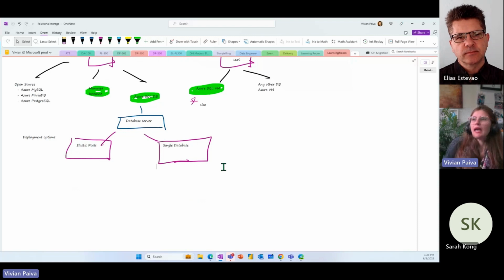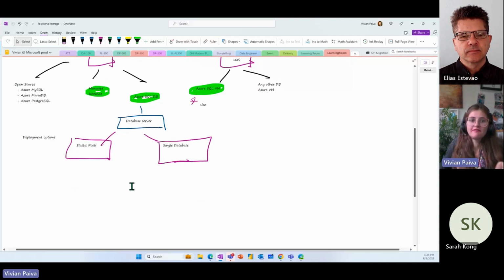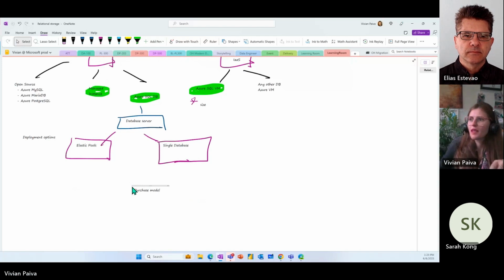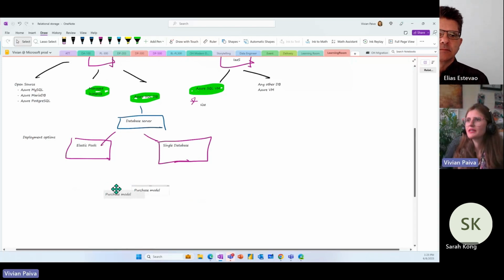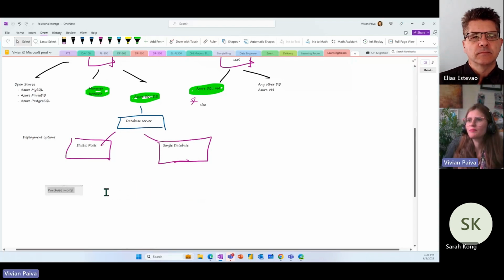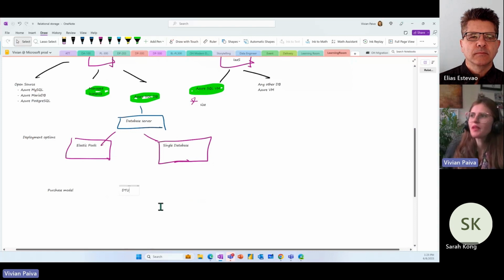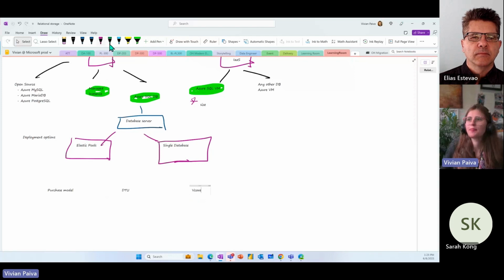Okay. Then let's expand a little bit more on the purchase models. After choosing the deployment, we're going to talk about purchase model, and we have two options. We have DTU and we have vCore based. I'm going to expand here on the single database.